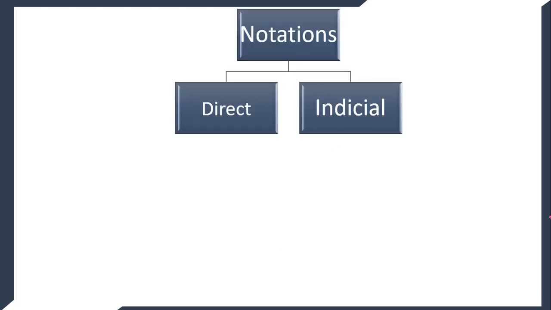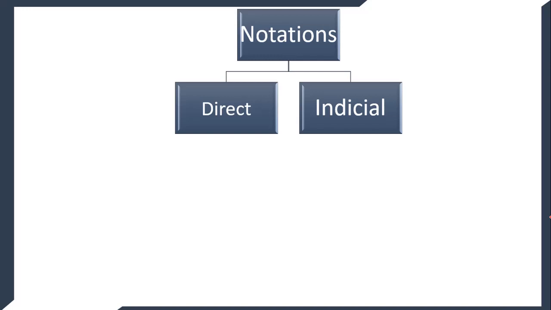Notations. Notations and conventions are mainly used to indicate how to notate a tensor while writing or while printing. So we need to specify some quantity, such as a letter V or a letter sigma, which denotes a vector or a tensor in print or while writing.